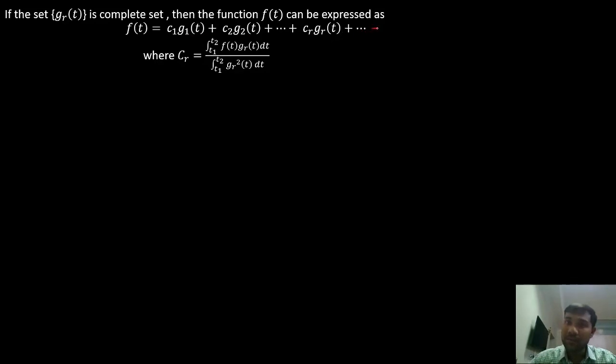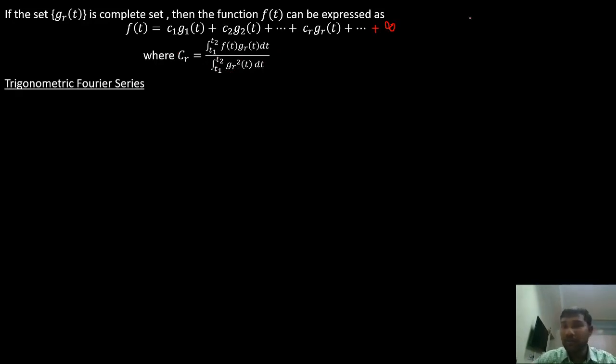We can extend it up to infinity if it is a complete set. The general formula for cr was given as integral t1 to t2 f of t gr of t dt divided by integral t1 to t2 gr square of t dt, right?